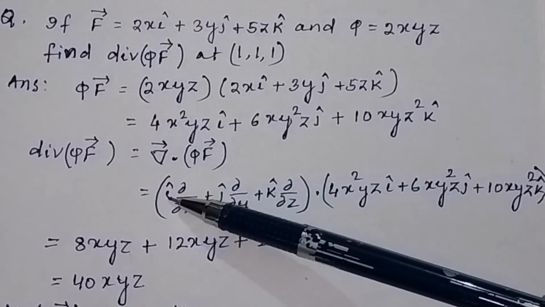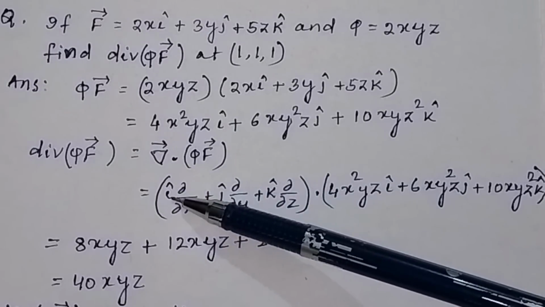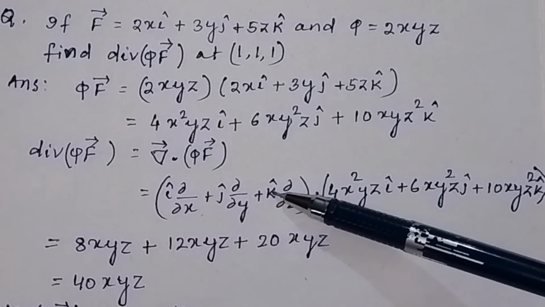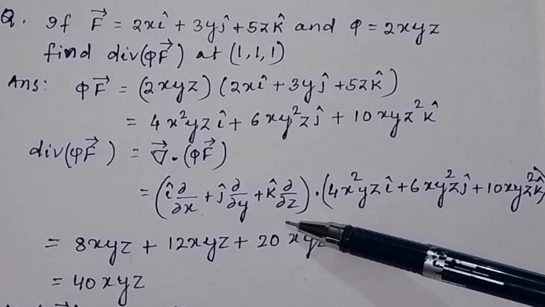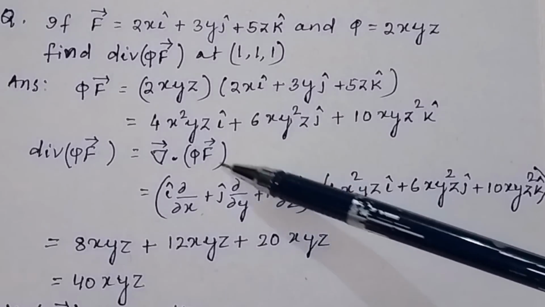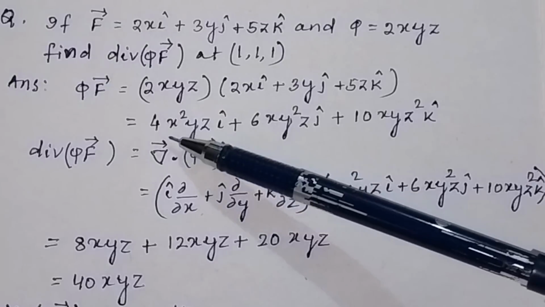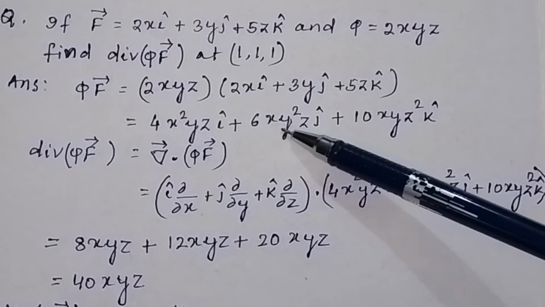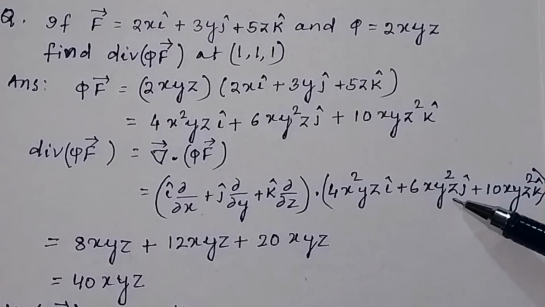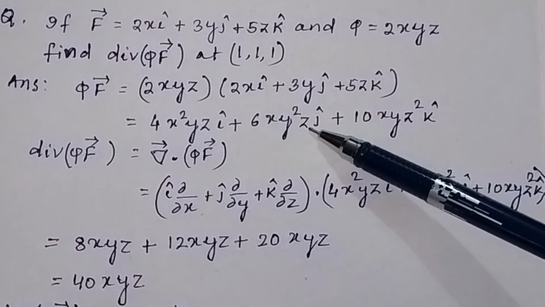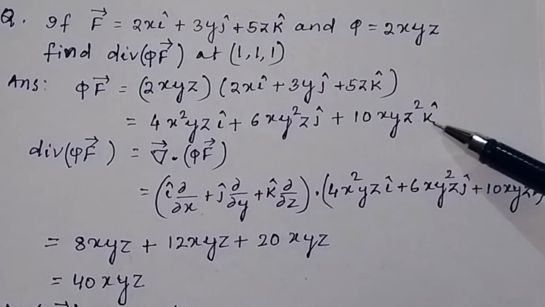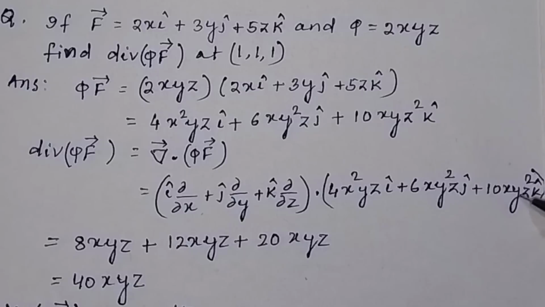The del operator is a vector operator which can be written as i cap del by del x plus j cap del by del y plus k cap del by del z, and taken as the dot product with this vector phi f, which is equal to 4x square yz i cap plus 6x y square z j cap plus 10xy z square k cap. So this is the vector phi f.